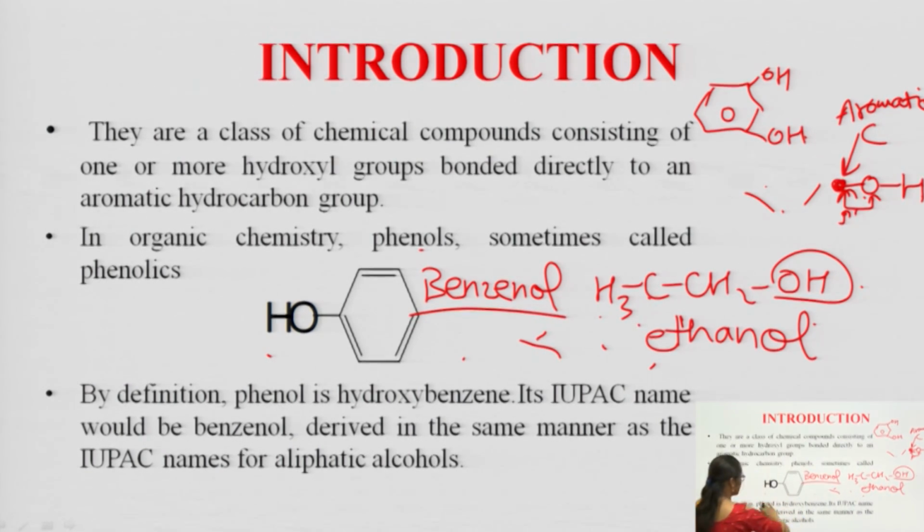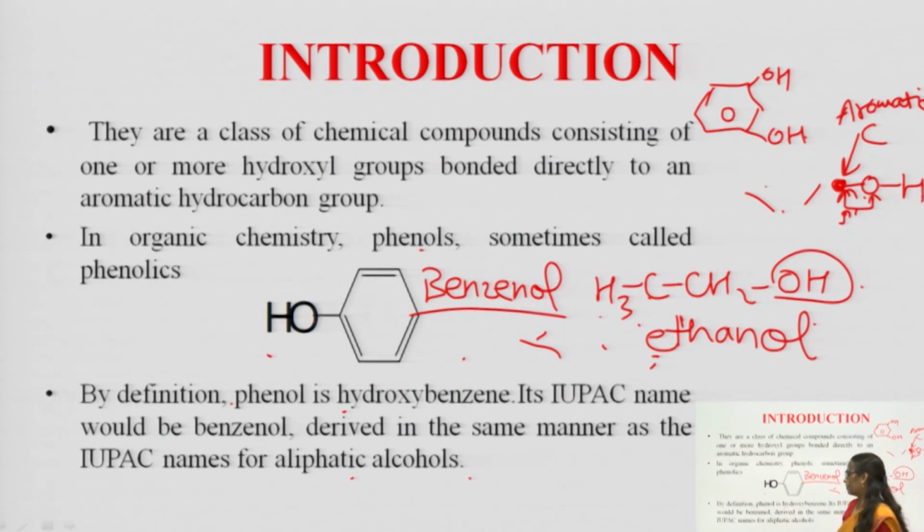By definition, phenol is hydroxybenzene. I will discuss this later in nomenclature. Its IUPAC name would be benzenol, derived in the same manner as IUPAC names for other aliphatic alcohols, such as ethanol and methanol, all of which are named by adding the suffix -ol.